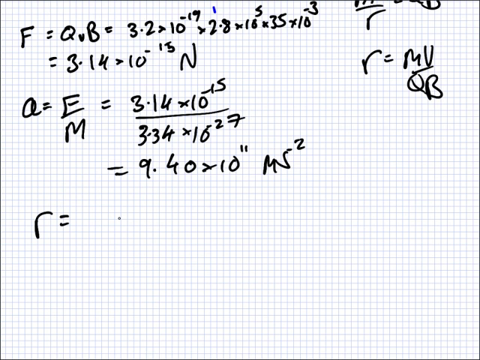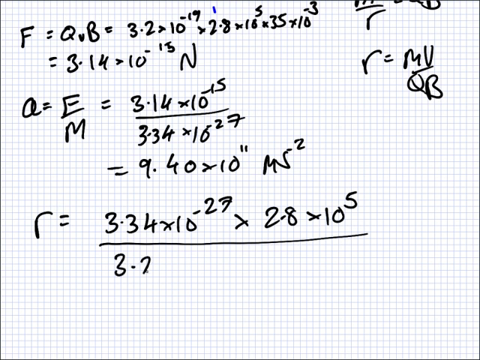So R equals M times V over Q times B. It's 3.5. No, 35.